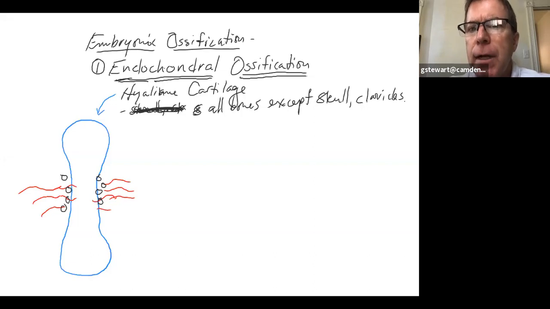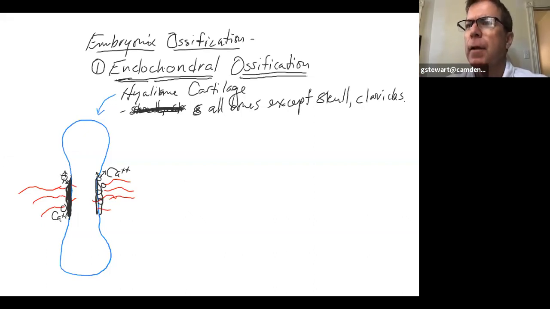Those new osteoblasts start doing their thing. They secrete osteoid in this area. The calcium from the blood that's deposited in this area mixes with that osteoid, and we get a hardening, a true ossification of tissue in this area. And it starts on the outside of the shaft of this cartilage model, like I'm drawing.